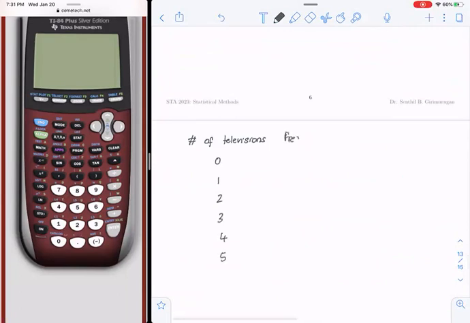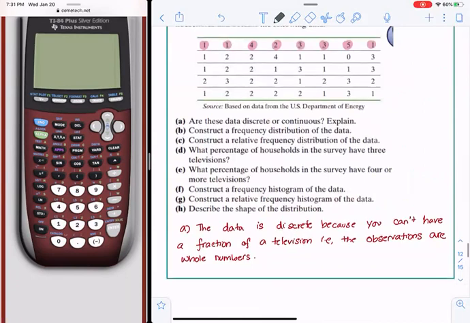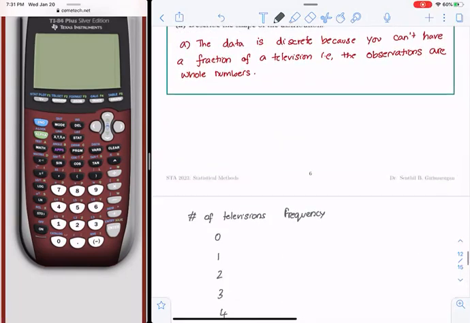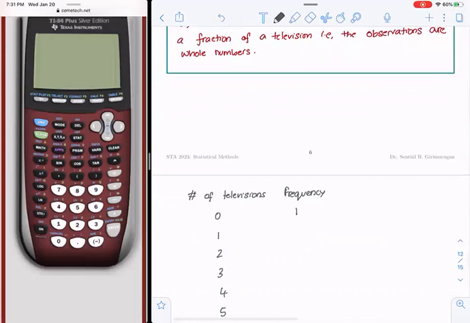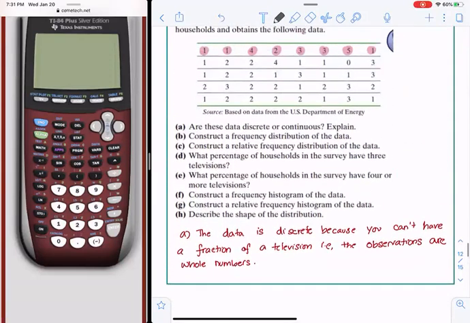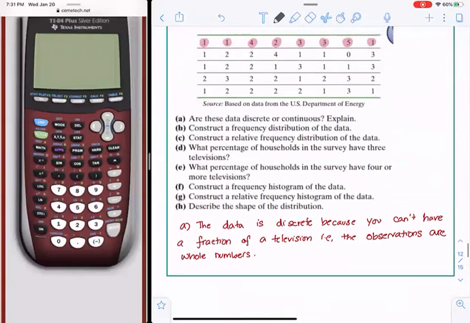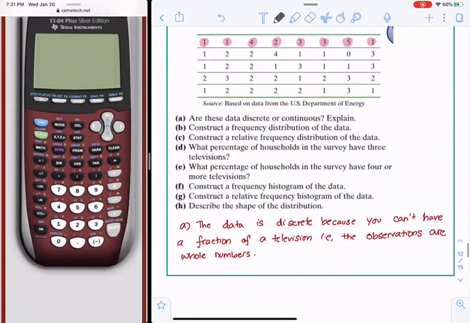Then we have the frequency. We just have to count. How many zeros do we have? We have 1. Number of households with 1 television, we have 14. 2 televisions, 1, 2, 3, 4, 5, 6, 7, 8, 9, 10.